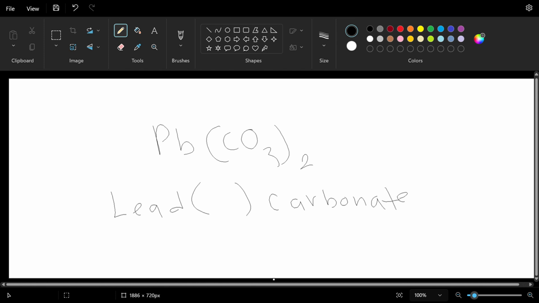And as said before, in a previous video, you are finding the charge of the second element, which is carbonate, and you're going to multiply it by the subscript. So you're going to look at the charge for carbonate, and the charge for it is 2 minus. You can find this in the back of your periodic table.